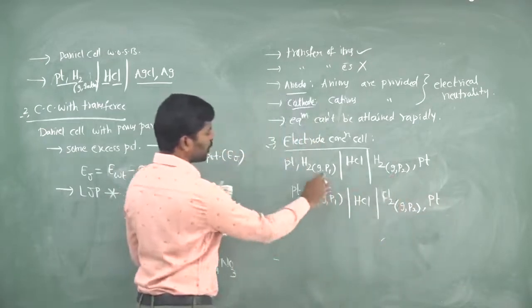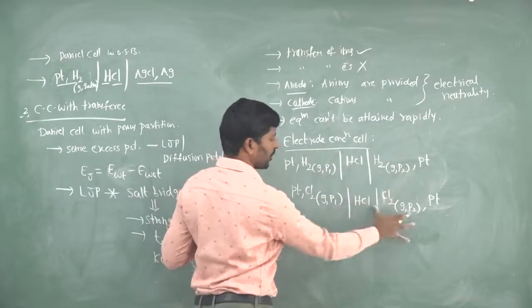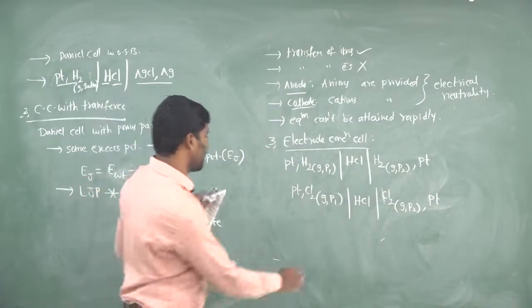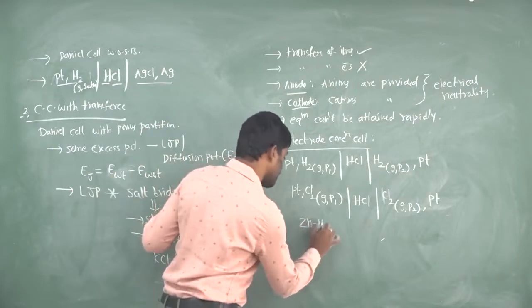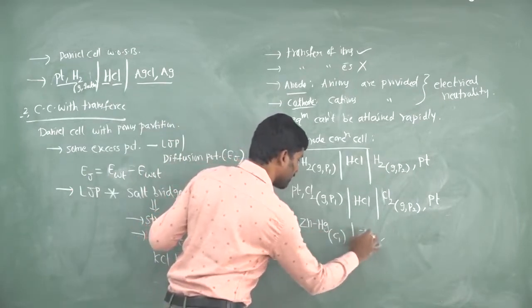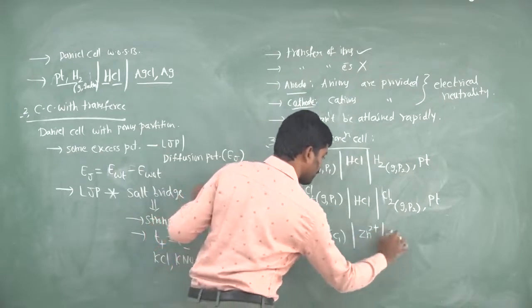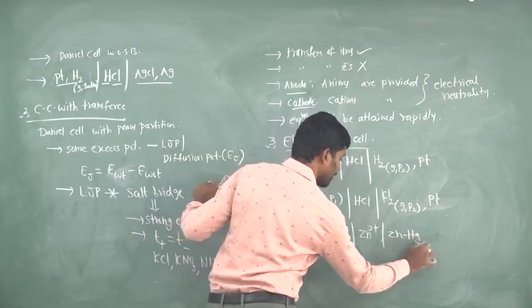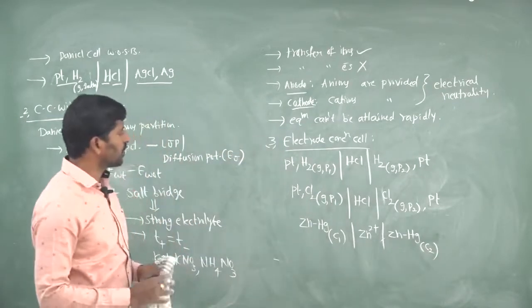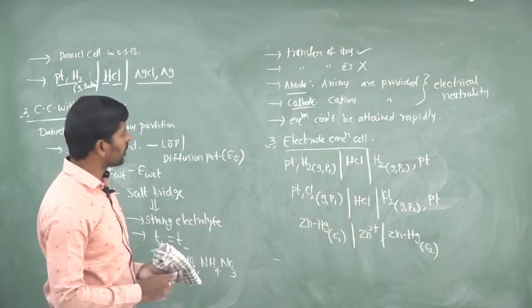Same electrodes with different concentrations. And the third example we discussed: zinc amalgam with concentration C1 in contact with Zn2+, and zinc amalgam with concentration C2.